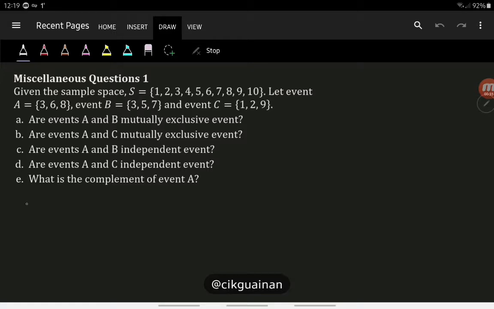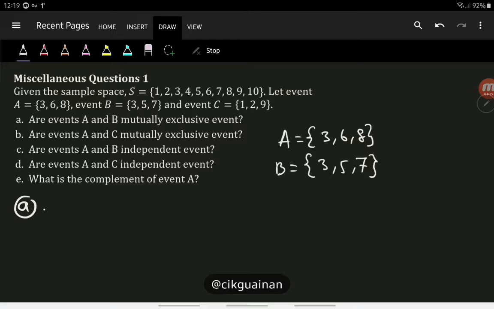So let's have A and B. A is 3, 6, and 8, while B is 3, 5, and 7. From here, we want to see whether they are mutually exclusive or not.